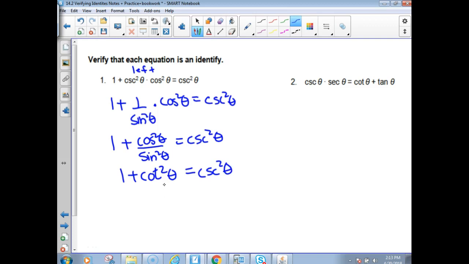Look in your Pythagorean identities. Look at your identities list. Isn't that one of them? I think it says cotangent squared plus 1 equals cosecant squared. So this is cosecant squared. Therefore, we're done. So cosecant squared theta equals cosecant squared theta.